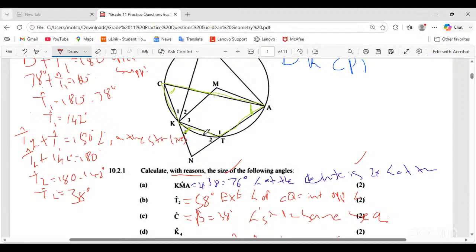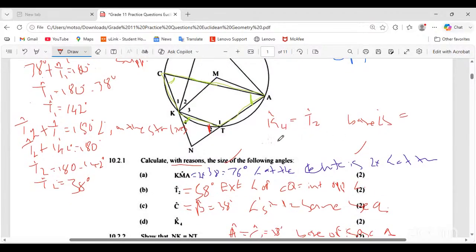These and these. Are they not equal? Yes, they are equal. Now, you definitely say K4 is equal to angle T2. Then those are the base angles. The base angles are equal. Therefore, NK is equal to NT.